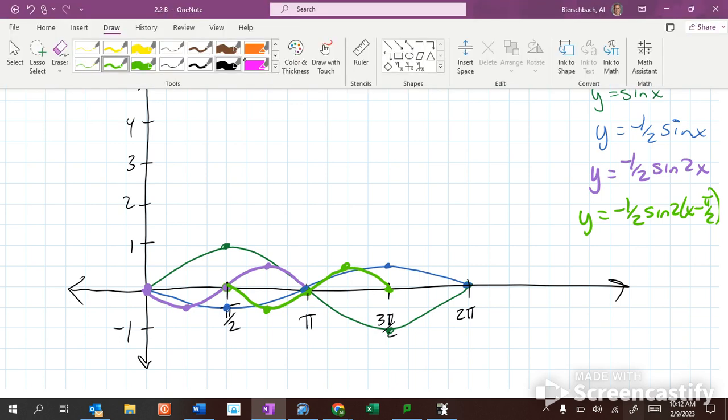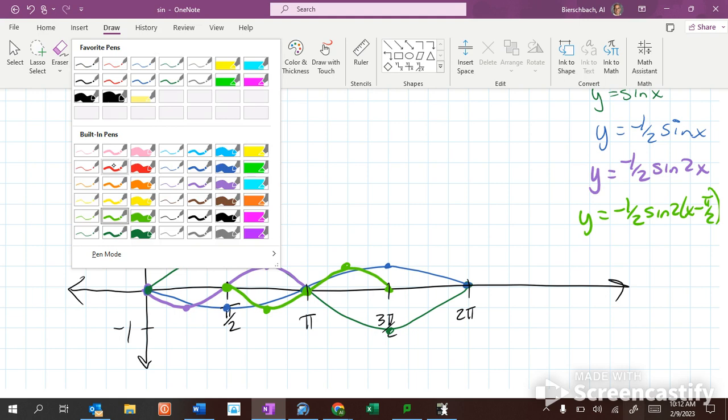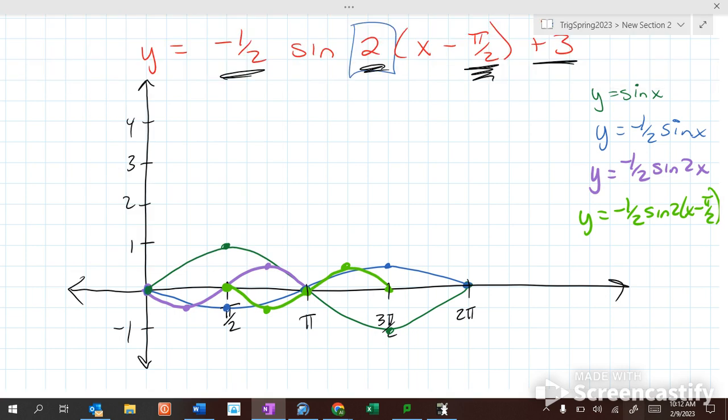And last but not least, I add 3 to it. There we are.